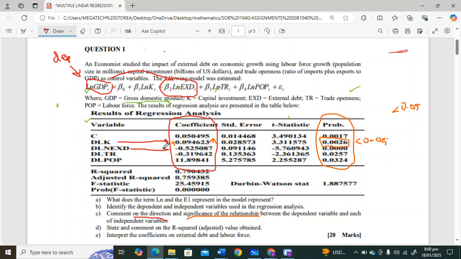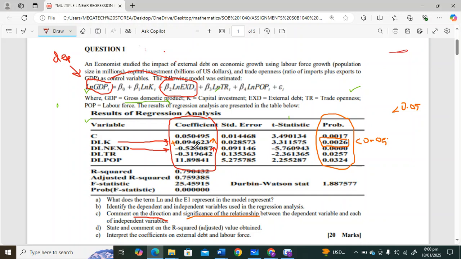Now here we can see a negative coefficient, so it means external debt and GDP are moving in opposite directions. So if external debt increases, GDP is going to reduce. If external debt increases by 1 unit or by 1%, GDP is going to reduce by 0.525, that's 52.5%.